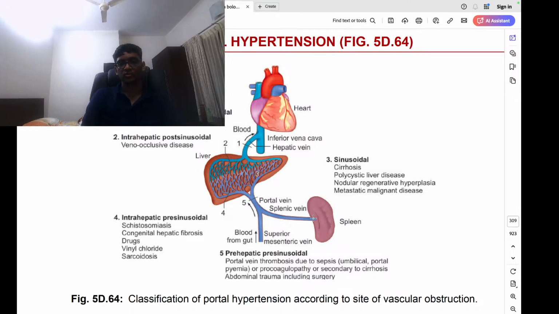Then intrahepatic but pre-sinusoidal, you have schistosomiasis, congenital hepatic fibrosis, drugs, vinyl chloride, and sarcoidosis. Pre-hepatic, you have portal vein thrombosis due to sepsis, umbilical portal pyemia, or procoagulopathy, or secondary to cirrhosis, abdominal trauma including surgery.